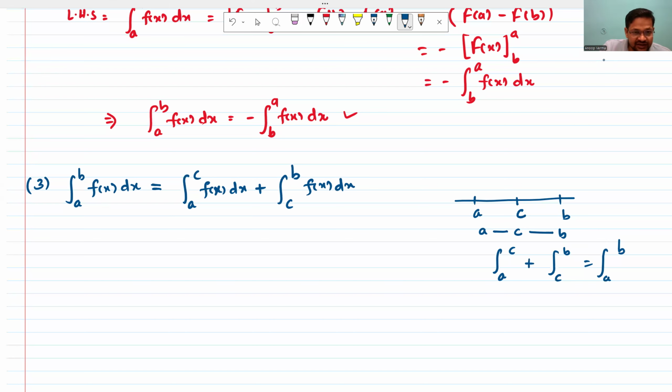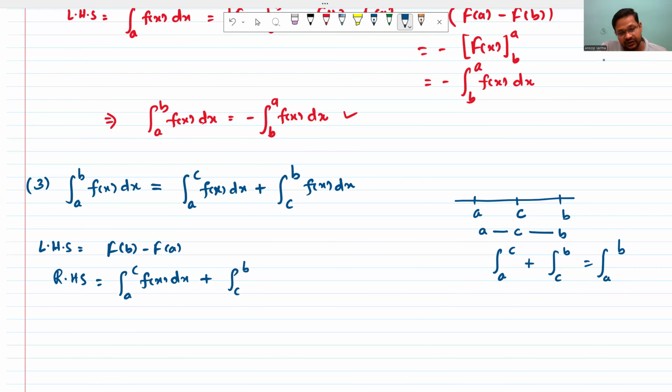You can easily see in the LHS the value will be fb minus fa. What will be the RHS? Let us see. The integral from a to c of fx dx plus from c to b of fx dx will equal capital Fx applied from a to c, plus capital Fx from c to b.